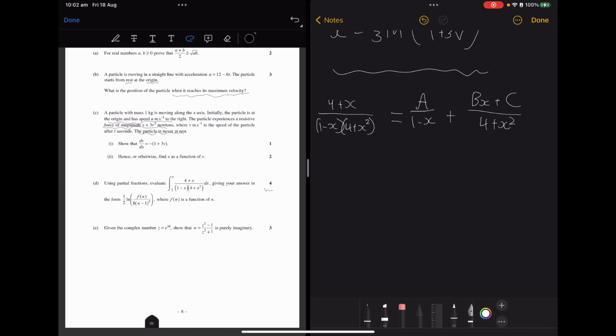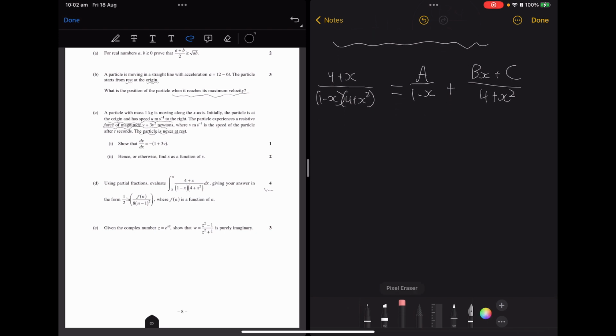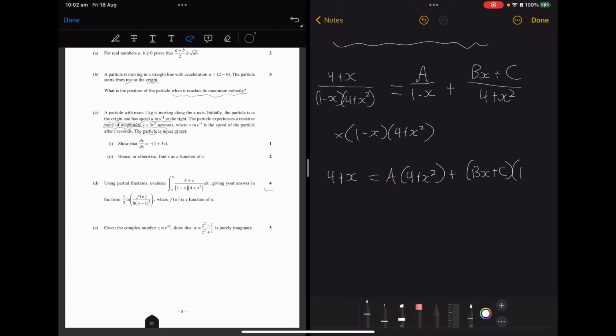The first part is linear, so we just need a, and the second one is a quadratic, so we need bx plus c, which is also a linear on top. Hence, if we multiply both sides by 1 minus x, 4 plus x squared, that gives us on the left side 4 plus x equals a times 4 plus x squared plus bx plus c times 1 minus x.